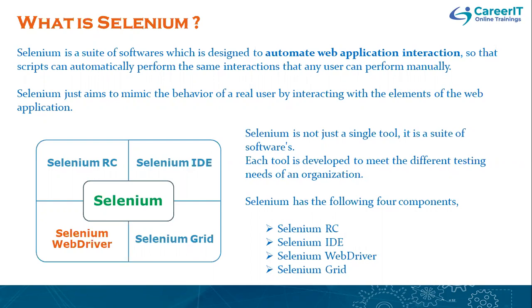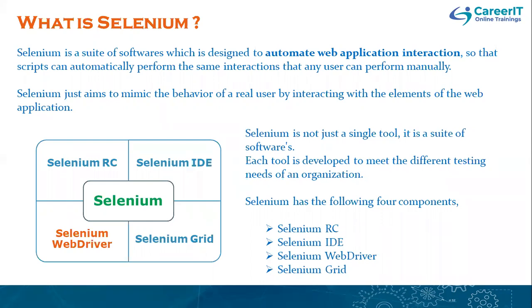Okay, I'm insisting on this because Selenium can only automate web applications. It can only talk to web applications. That's why I'm pressing it one more time: it is mainly designed for automating web application interactions, so that whatever scripts we write using Selenium, right?